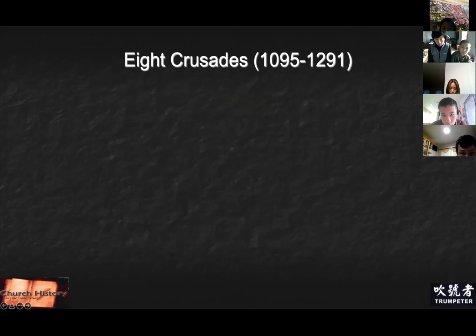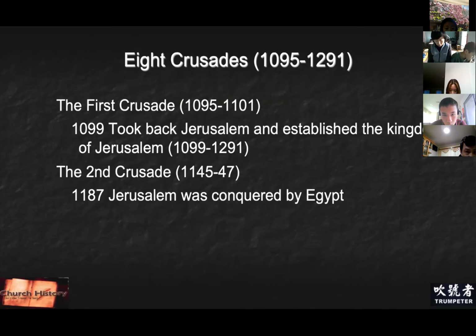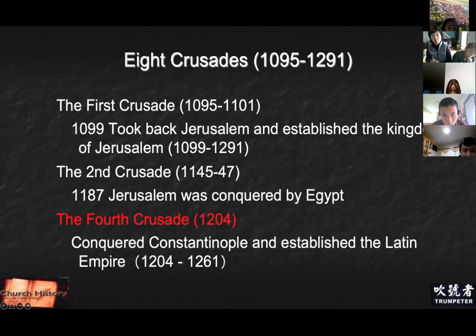And then there were a total of eight Crusades. Some very bad things happened. But in the First Crusade, they conquered Jerusalem and established the kingdom for 88 years. And in the Fourth Crusade, they conquered Constantinople and established the Latin Empire.